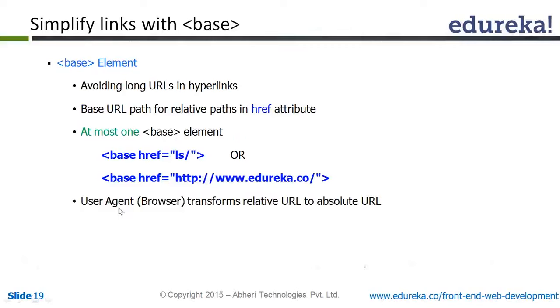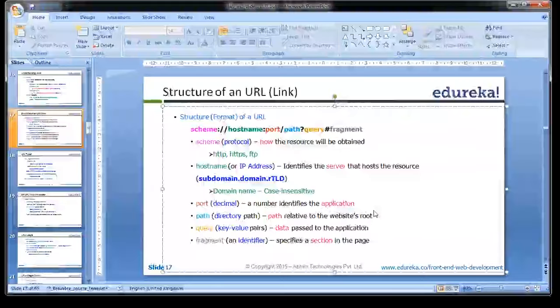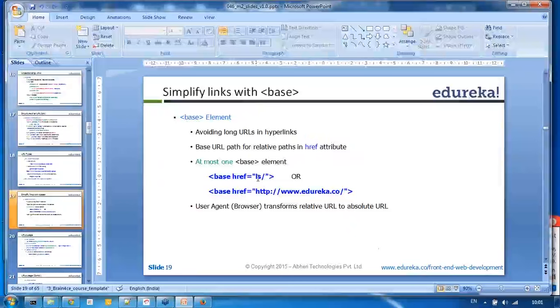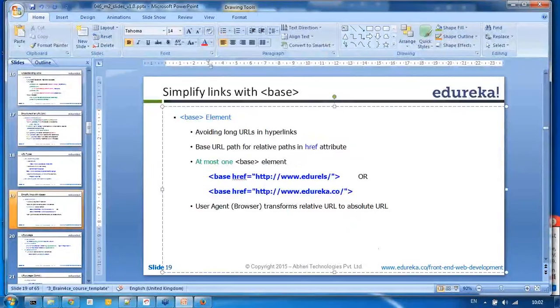Basically the user agent, which is another term for your web browser, will transform the relative URLs to absolute URLs, because relative URLs, both site relative and document relative, are only a convenience. To actually fetch a resource, especially if it is outside, they always have to convert relative to absolute. Note that though I defined it here as just a document, here also you can give http://www.edureka.co. This is also valid.